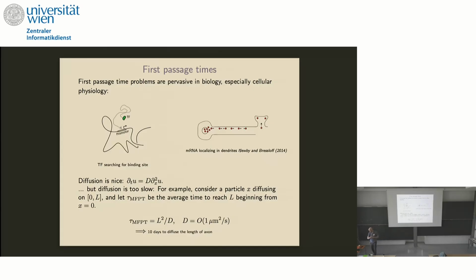You ask, what's the average time it's going to take to get there? That's going to be L squared over D, which you can get from dimensional analysis. That gives you 10 days to diffuse the length of an axon. That's far too slow for a lot of the things we need to do in cells.